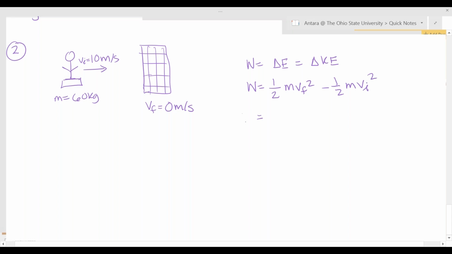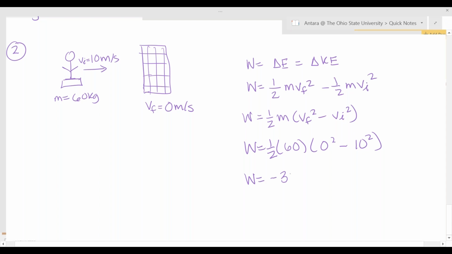And we can bring out the 1/2 m. So we just have v_f squared minus v_i squared. So work is equal to 1/2 times 60 kilograms times, so the v final is 0 minus 10. So work is equal to, actually it's equal to negative 3,000 joules.